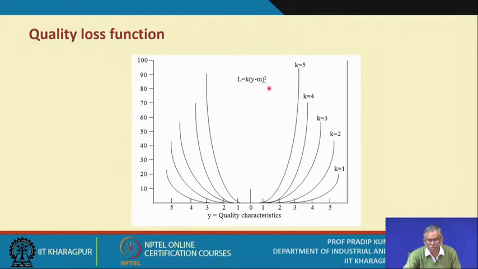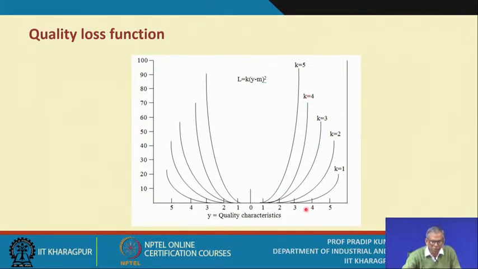The quadratic loss function will be very, very stiff. If this is your target and the deviation from the target is more, the loss you incur will be very, very high. And this is a non-linear function, definitely.